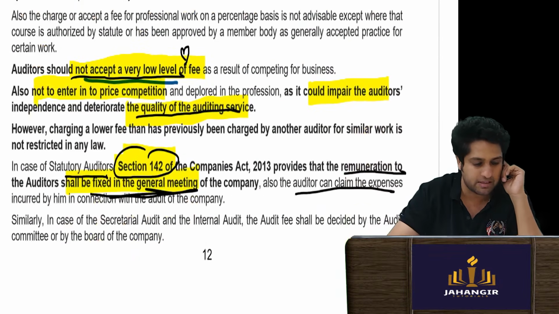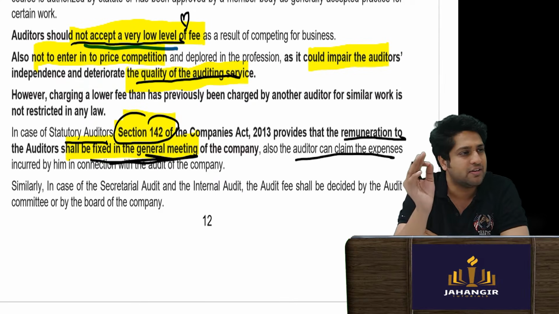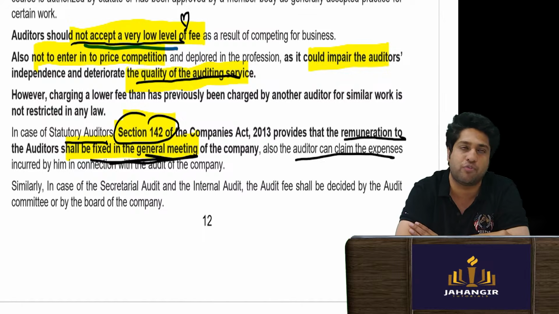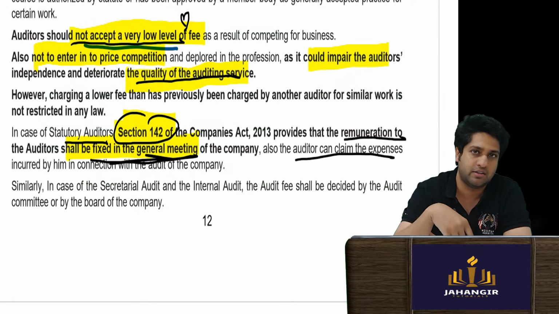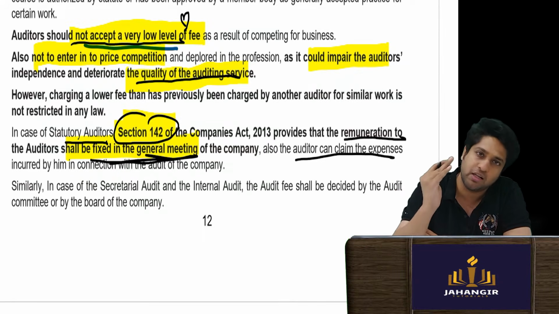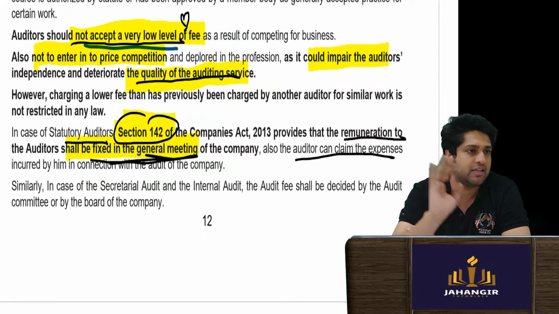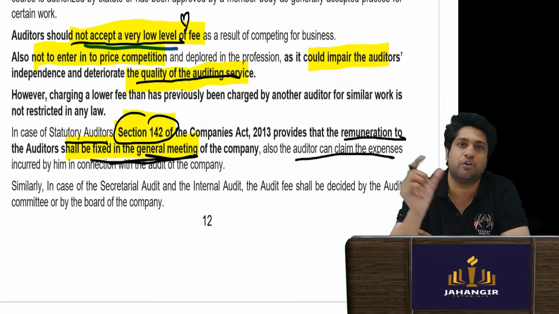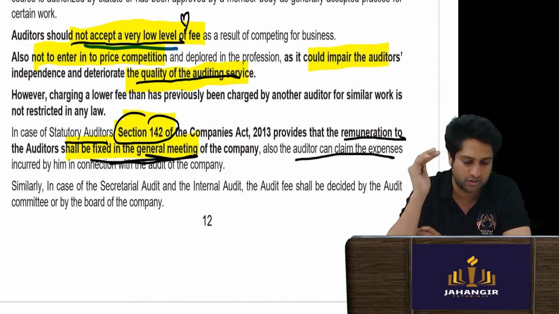And one simple little point on the audit fees: the auditor should not accept fees which are extremely low, which affect the quality of the audit. Sometimes what happens is, in order to get business, people take the audit at a really low price, and then they cannot deliver quality. So they say that the auditor should not let the quality of the audit deteriorate because of a reduction in price.